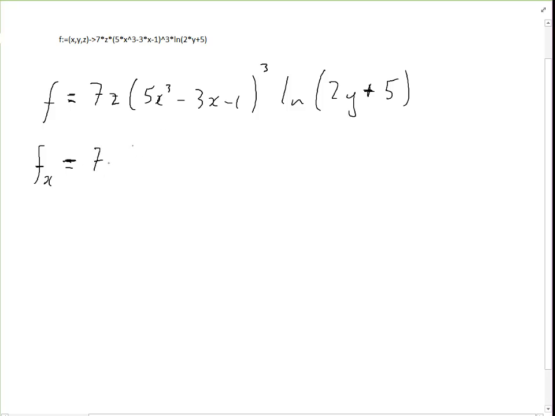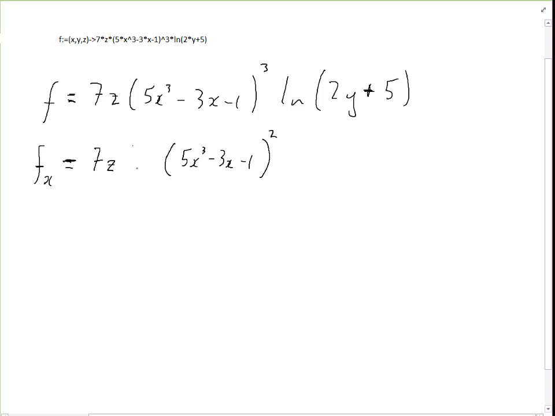So write a little bit more detail, z. Then we're going to have this bracket to the power 2. So it's going to be 5x cubed minus 3x minus 1 to the power 2. And then this 3 will come and multiply it, so it'll be 3 times this to the power 2. But we also have to multiply by the derivative of this inside here.